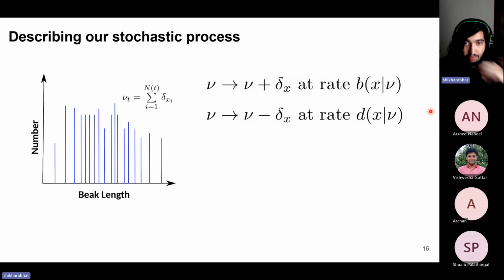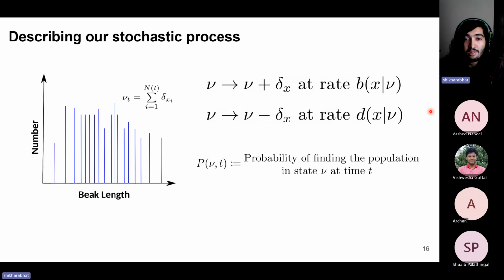This was our assumption. I will call p of nu, t the probability of finding the population in a state nu at time t. I am going to assume that this exists.